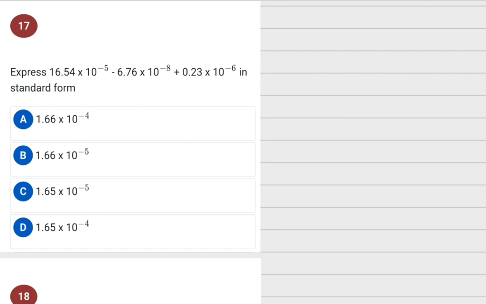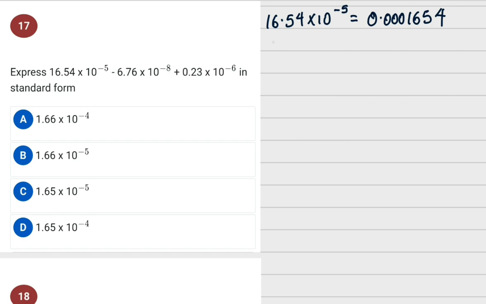So what you should do is express each one in ordinary form. So I have 16.54 times 10 raised to power minus 5. In ordinary form, this will be 0.000 then 1654. That is the ordinary form. I think this should be very simple for any JAMB candidate.